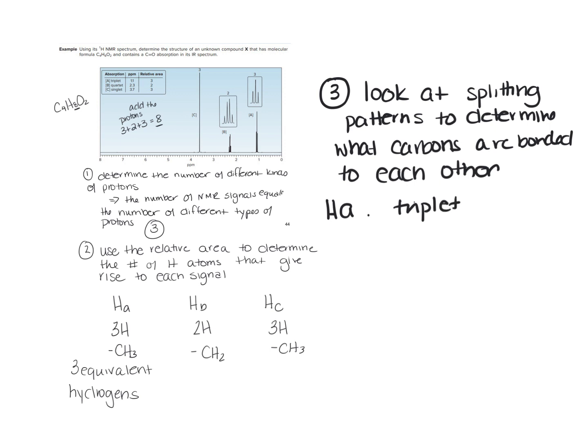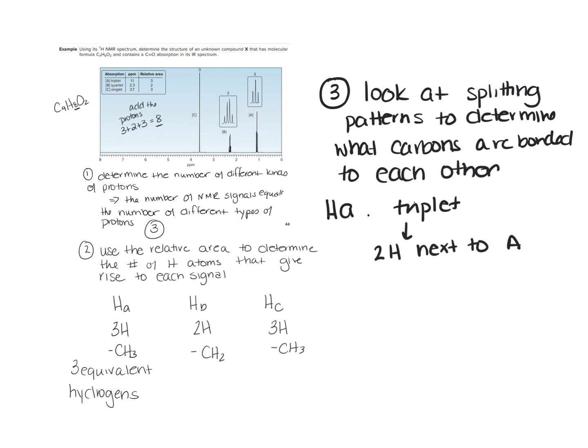So that means there needs to be 2 hydrogens next to wherever A is. Okay? So there needs to be 2 hydrogens on an adjacent carbon.